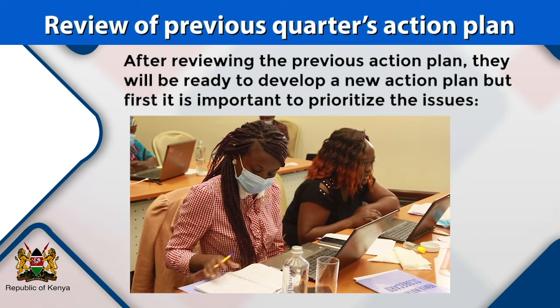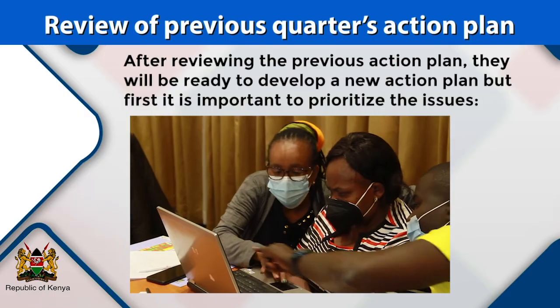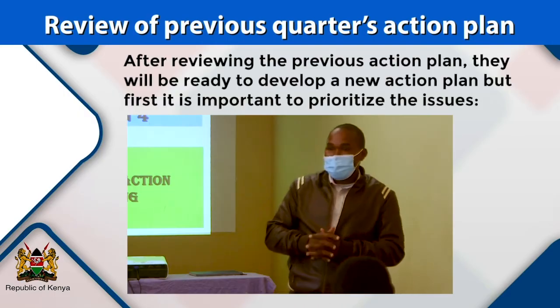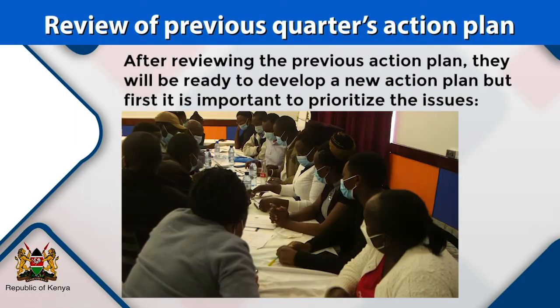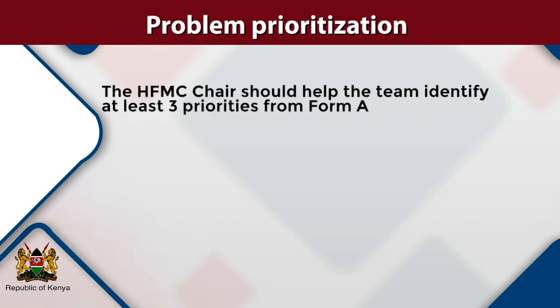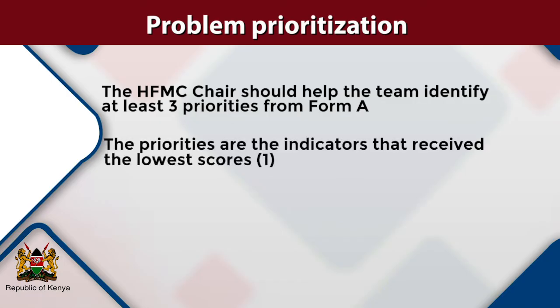After reviewing the previous action plan, you'll be ready to develop a new action plan, but first, it is important to prioritize the issues. The Health Facility Management Chairperson should help the team to identify at least 3 priorities from Form A. The priorities should be the indicators that receive the lowest scores, that is, scored 1.